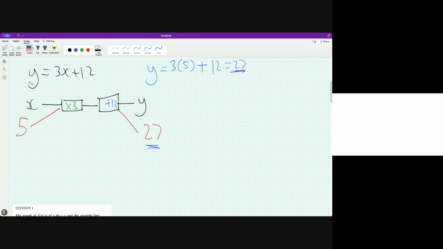Okay, now, what is an inverse function? This is the question. Let's say, instead of y, we say f of x equals 3x plus 12. Before I move on, if I say to you 9, I want you to work out what is f of 9?